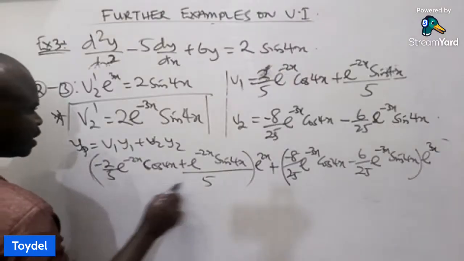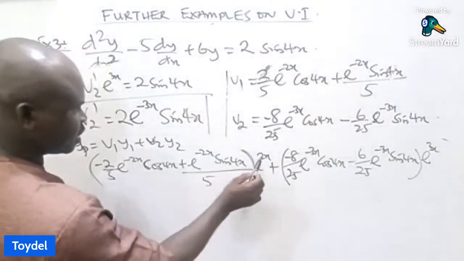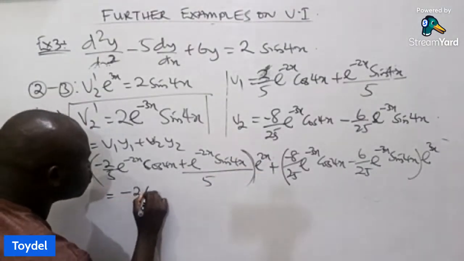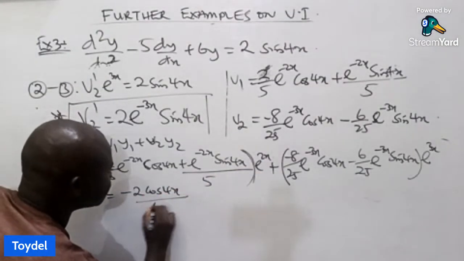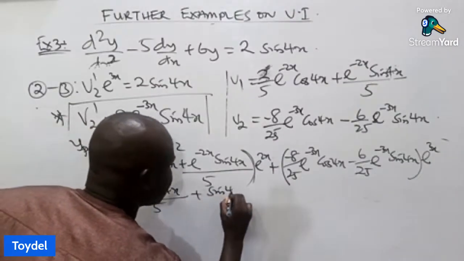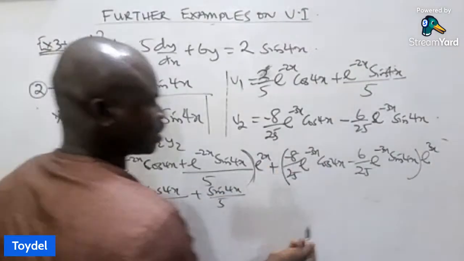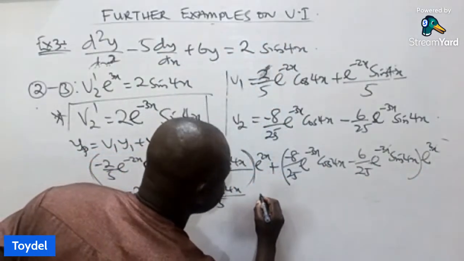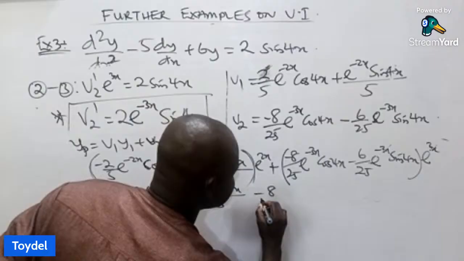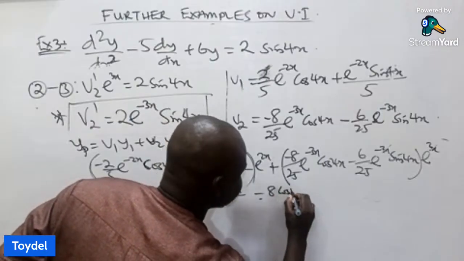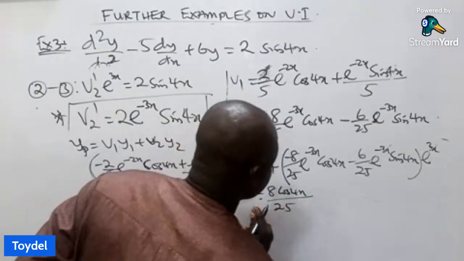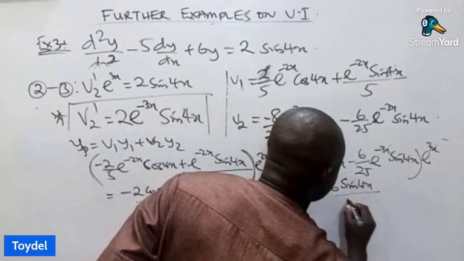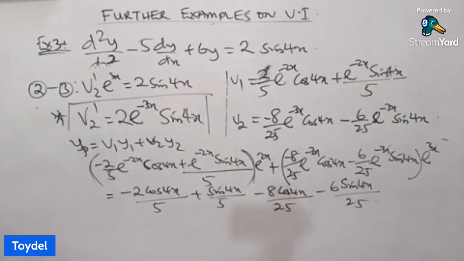The e to the 2x terms cancel, and at the end of the day we have minus 2 cos 4x over 5 plus sine 4x over 5. Also the e to the 3x terms cancel, and we have minus 8 cos 4x over 25 minus 6 sine 4x over 25. That is what we are going to get.